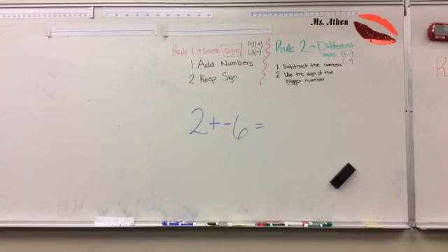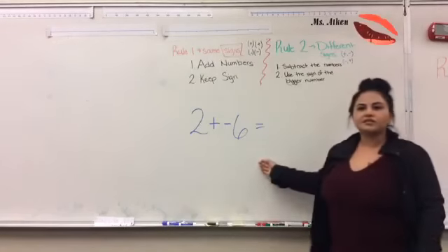And then step 2 is to use the sign of the bigger number. Is the 2 bigger or is the 6 bigger? So what sign do we want to use? Good. Do you understand it better? Good job. Okay, who wants to come up and do this?